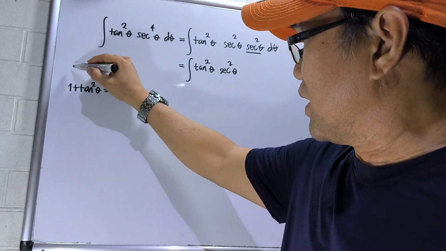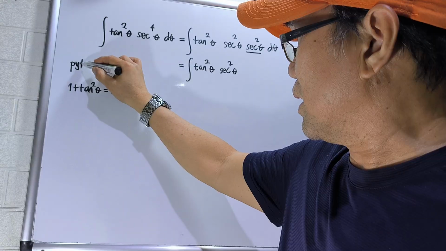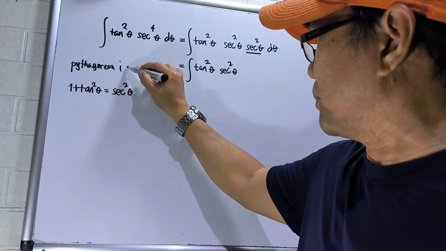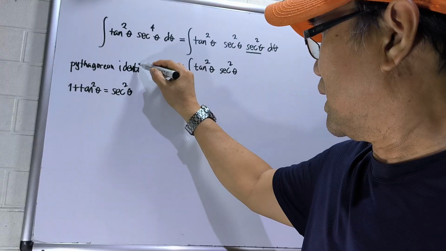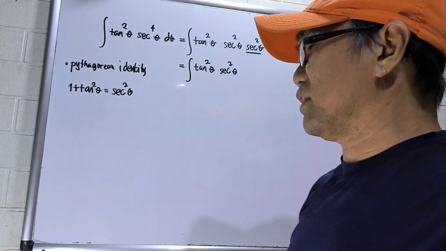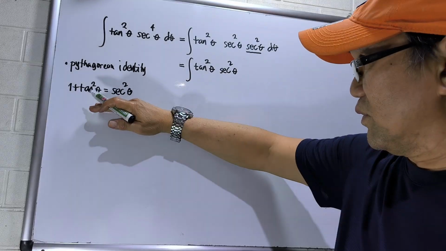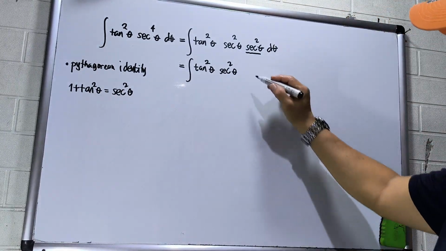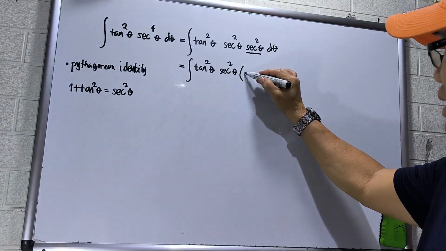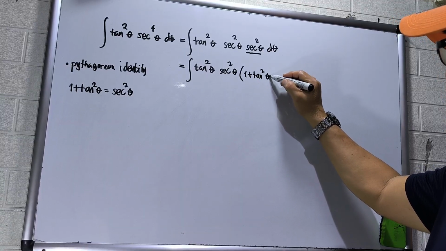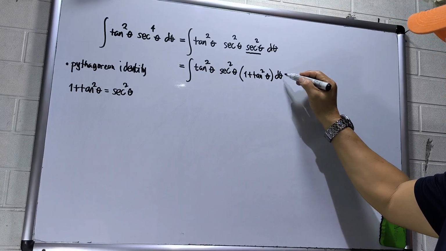This is from the Pythagorean identity. So solving for the value of secant squared theta, it is 1 plus tangent squared theta. So this will be circle brackets 1 plus tangent squared theta, then d theta.